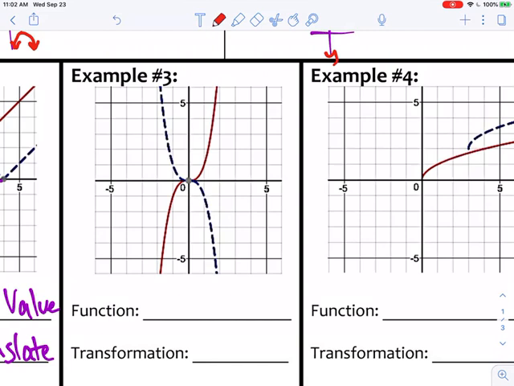Okay, example 3, we're looking at a cubic. Remember, just look at that red line first. So I see a cubic, I see that I'm not moving left or right. So let's look at what happens here. If I take this point and it's about 1.5 away from the axis. Oh, look at that. It's about 1.5 away from the axis on the other side. So we can show that we're taking this graph and reflecting.